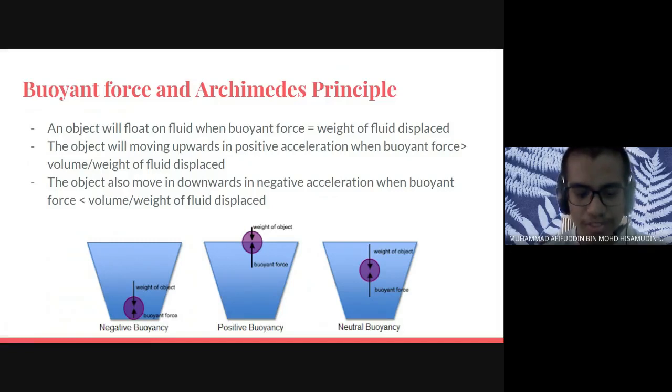Negative buoyancy occurs when the weight is more than the buoyant force itself, and positive buoyancy is when the buoyant force is more than the weight of the object. Both of them move with acceleration, while neutral buoyancy occurs when the buoyant force and the weight of the object are equal.